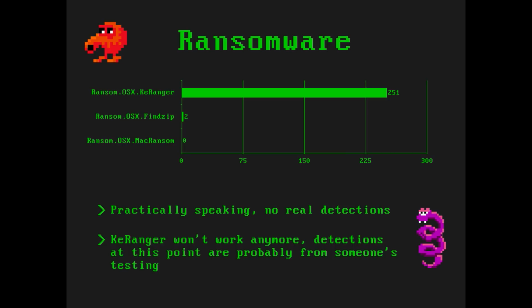And that makes sense because the other two are fairly obscure, whereas KeyRanger was a little bit higher profile at the time, and it's probably the easiest one to find if you wanted to do some testing. So for all practical purposes, we really don't see any real ransomware out there.